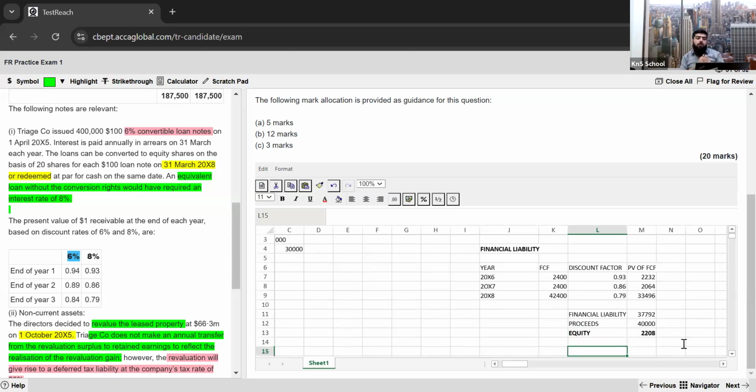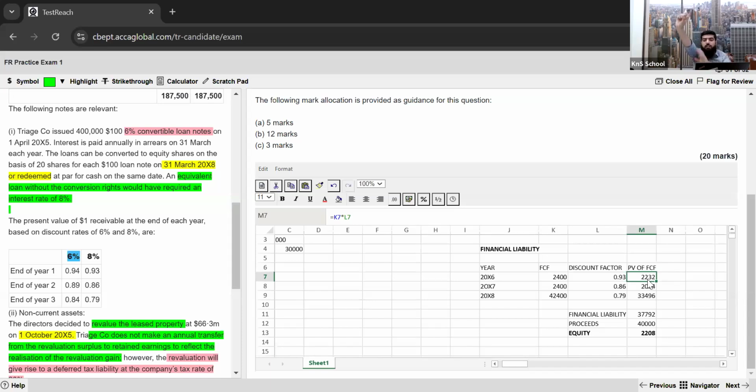And remember what IFRS 9 states. How will the future cash flow be calculated? First of all, there will be a par value, because future cash flow means the amount that you will pay in future to your investors.